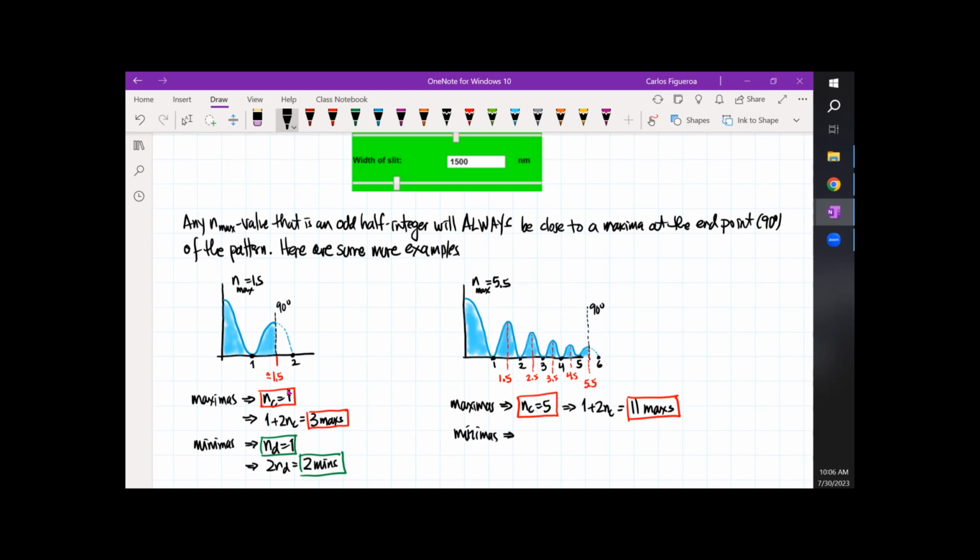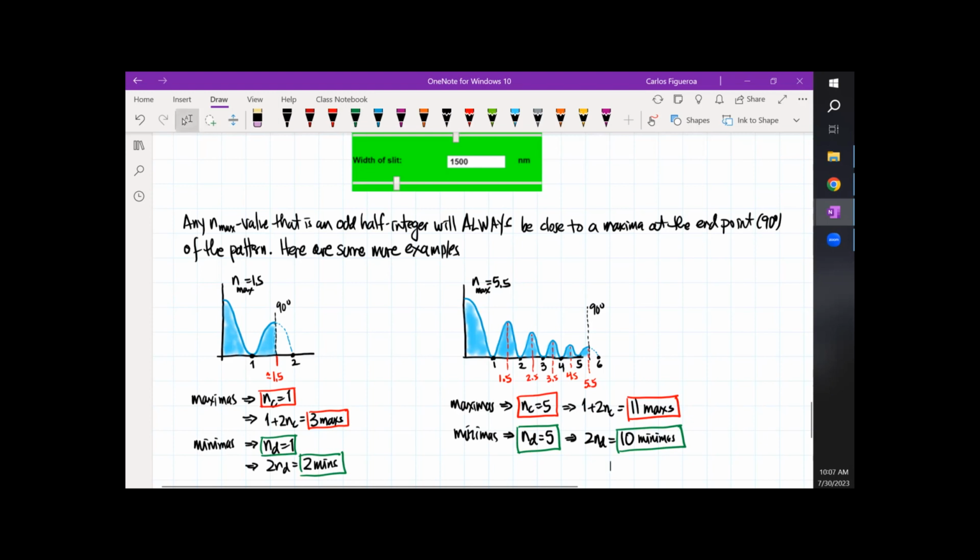So then here we could see that it goes up to 5. So then ND must be 5. But then this is 2ND, so that has to be 10 minimas. You could see why this is more efficient.